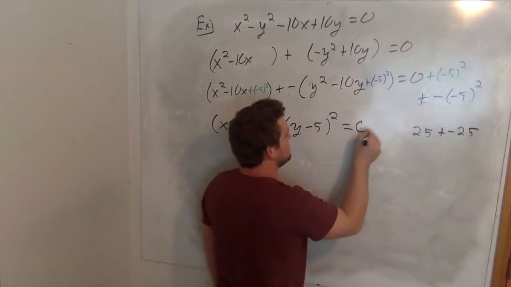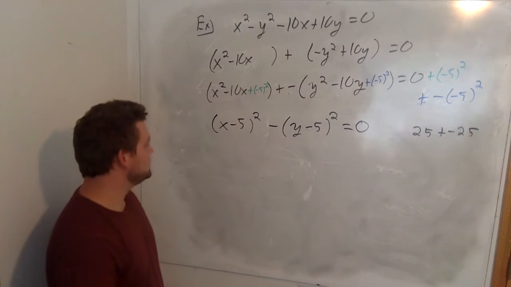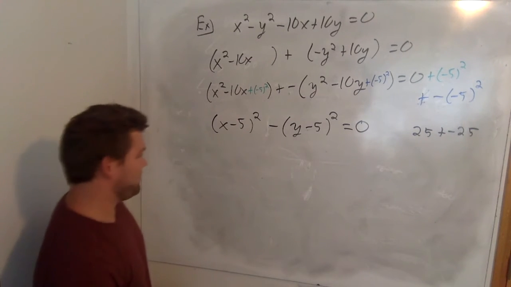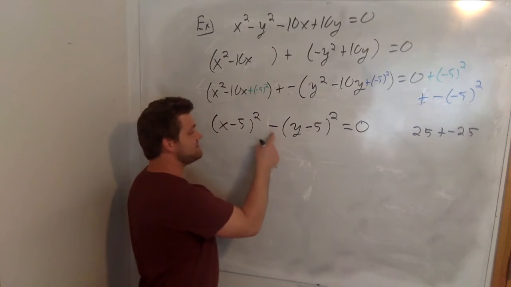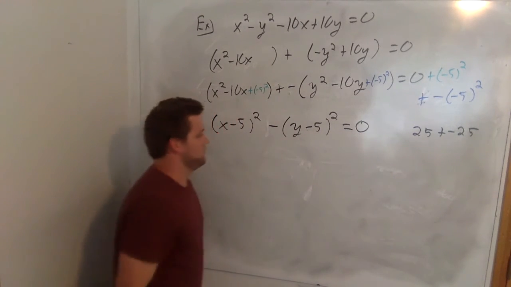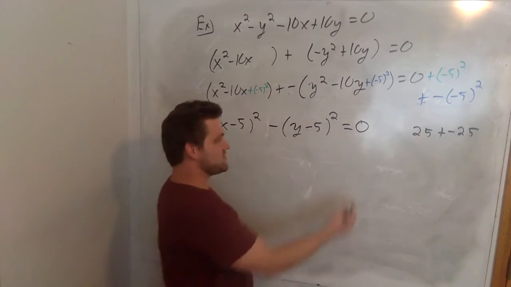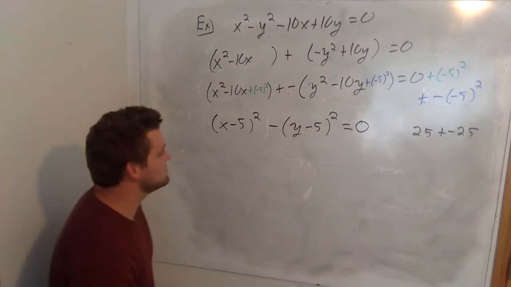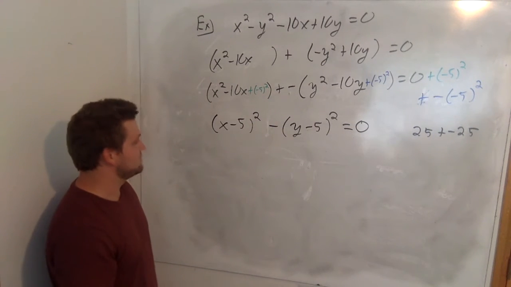We're just going to end up getting 0 on the right-hand side. You might almost think this looks like a hyperbola because there's a minus here, but there's a 0 on the right. And we can't divide both sides by 0 to make this a 1. Remember, we can't divide by 0, so this is something different.